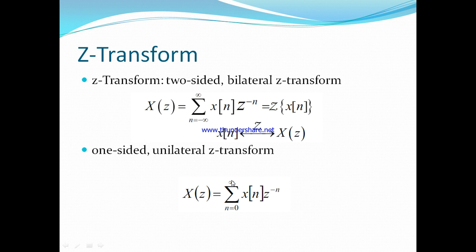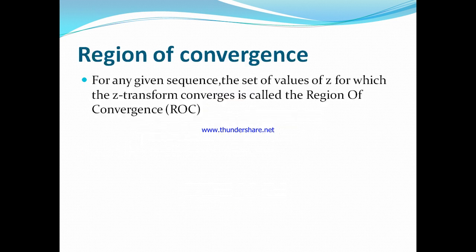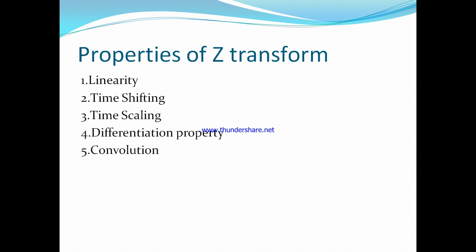This is the difference between the two-sided bilateral Z transform and the unilateral Z transform. Next, region of convergence. The region of convergence is the range of values of z for which the Z transform converges.